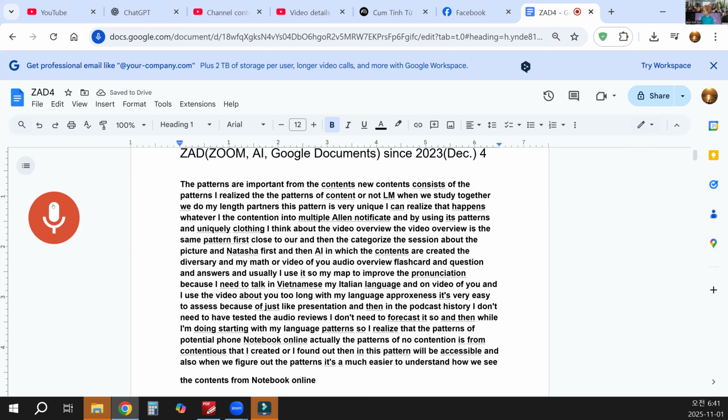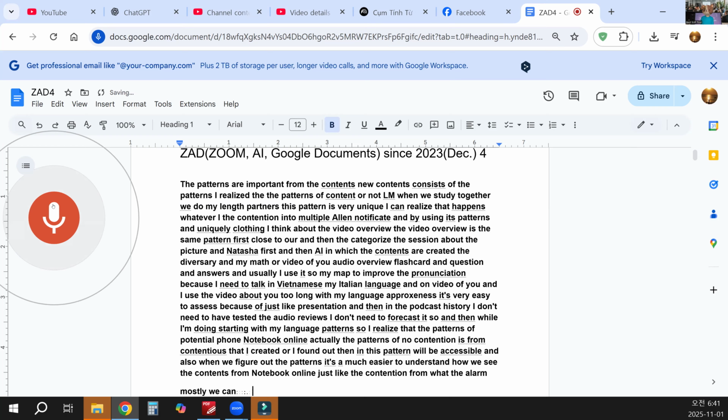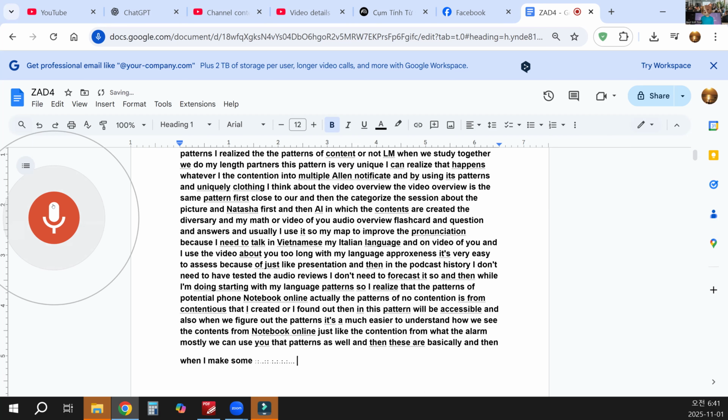Just like the contents from NotebookLM, mostly we can use those patterns as well. And when I make some content, for example, when I use NotebookLM, it's all the same pattern. The pattern is the same.